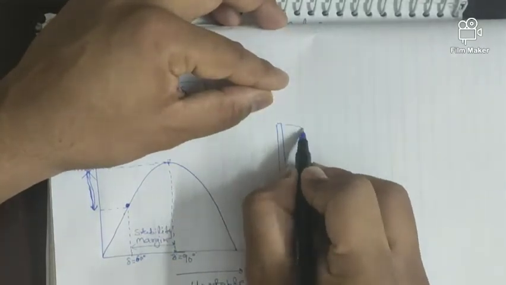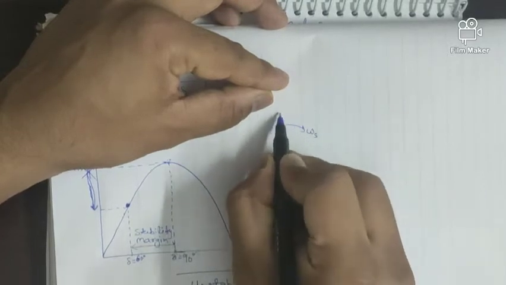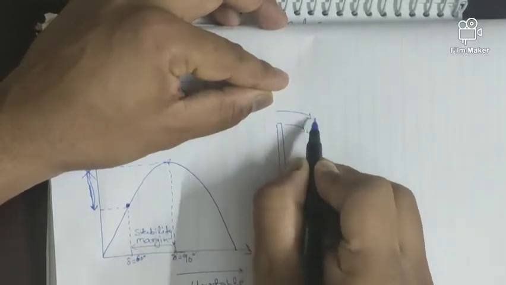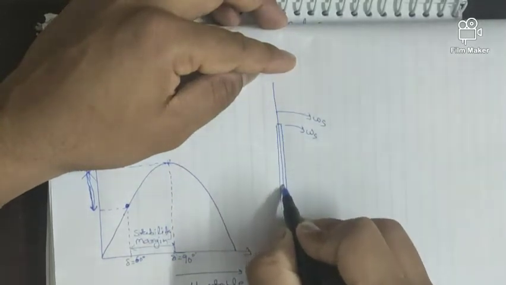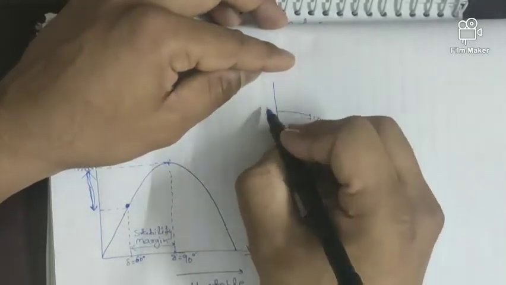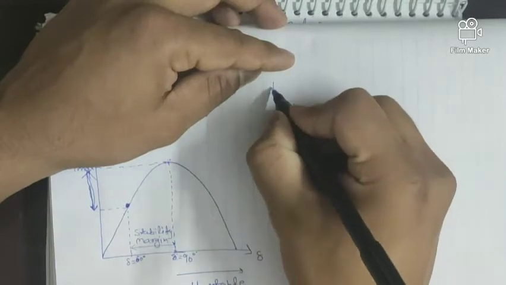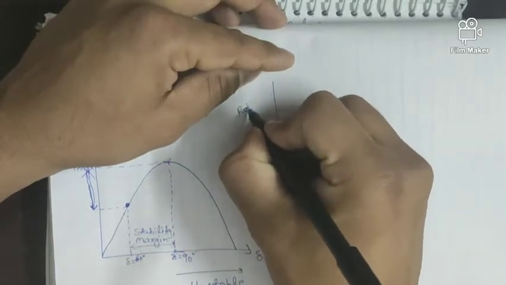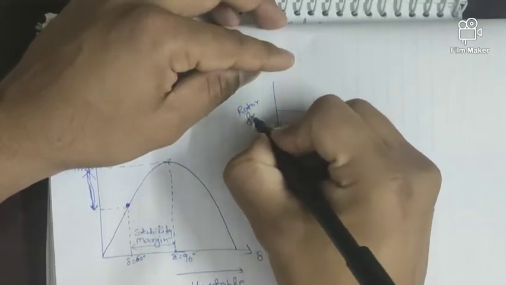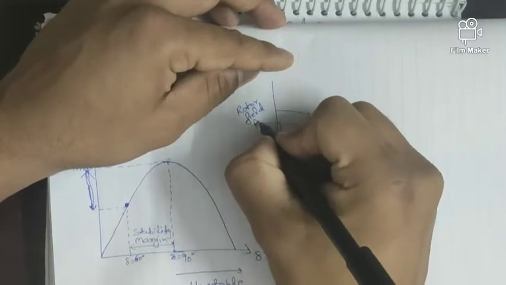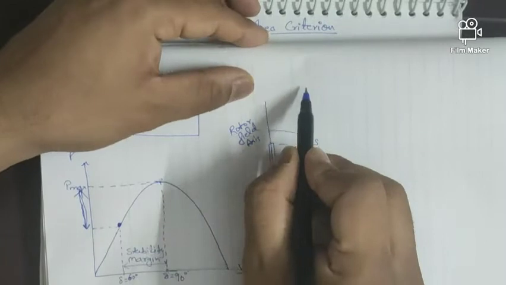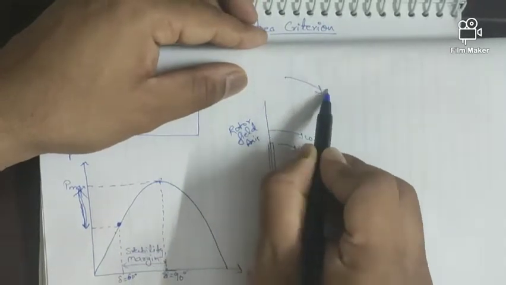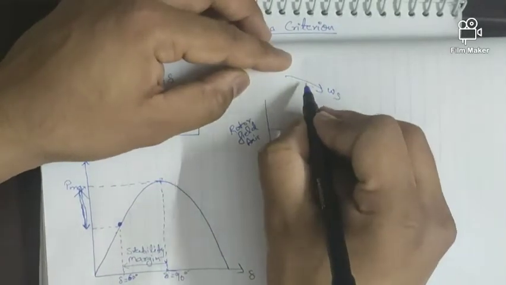This is the rotor which is rotating at synchronous speed, and its rotor field will also rotate at synchronous speed. So this is the rotor field axis, and there will be some stator magnetic field which is also rotating at synchronous speed in the same direction.